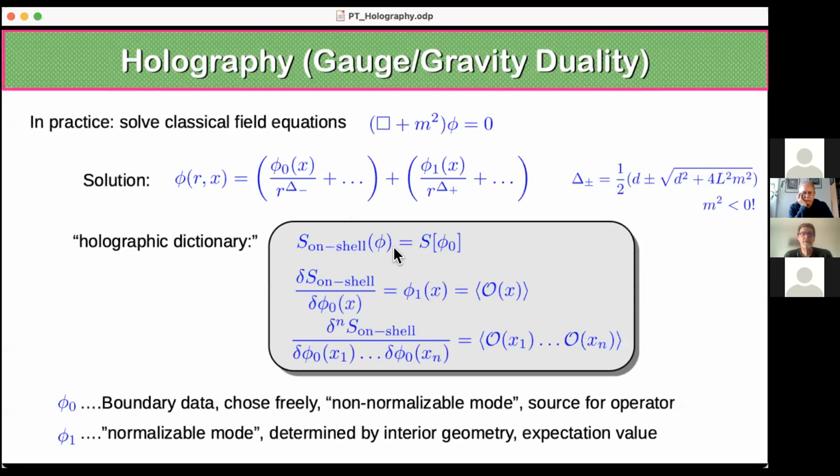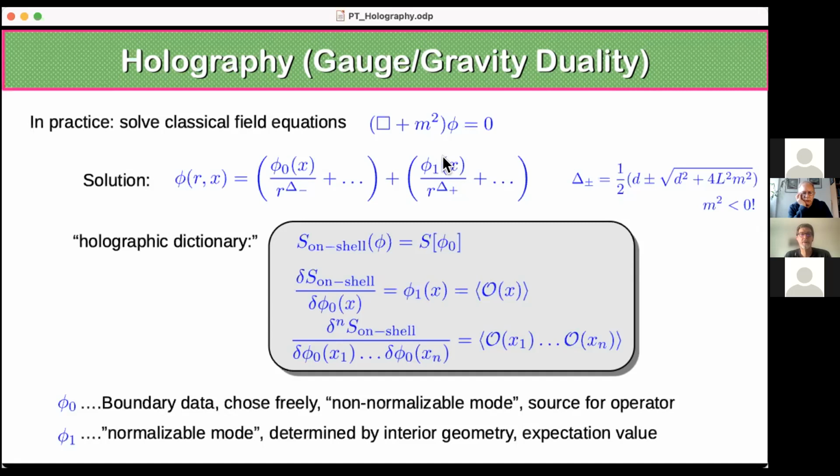And then you plug the solution into the on-shell action, and you interpret this as a functional which depends on this boundary value, which goes with this delta minus, which is the smaller exponent here. Because it turns out that if you calculate, say, the energy of such a mode, this leading mode, the first solution, has an infinite energy, whereas this has finite energy.